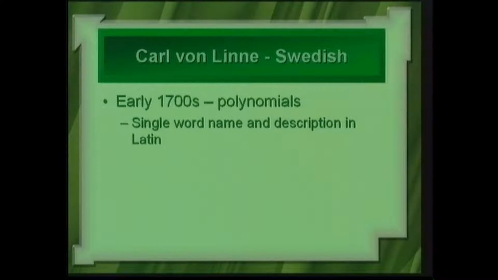Poly, of course, means many, and nomial has to do with names. So it would have one name that named the plant and a description, like a whole paragraph long in Latin. So it's very, very cumbersome. But of course, all these botanists are very erudite, very much into scholarship, a lot of writing and a lot of reading.